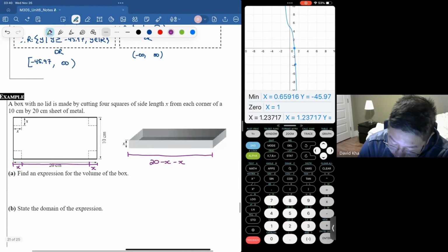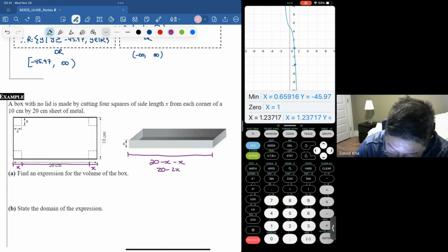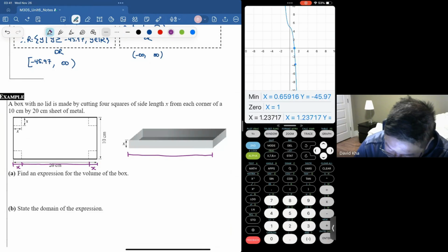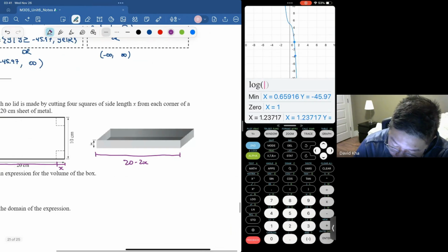And so it's 20 minus 2x as the dimension. And we probably wouldn't even need to write all of that. I would just do 20 minus 2x. I just wanted to show you the derivation. And in a similar fashion, the dimension along this side would be 10 minus 2x.